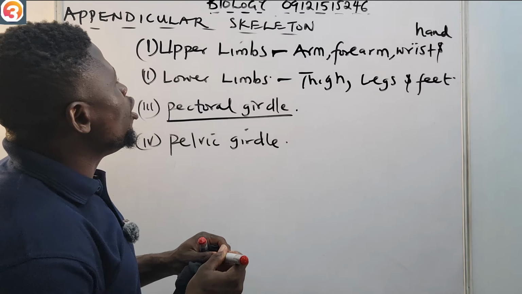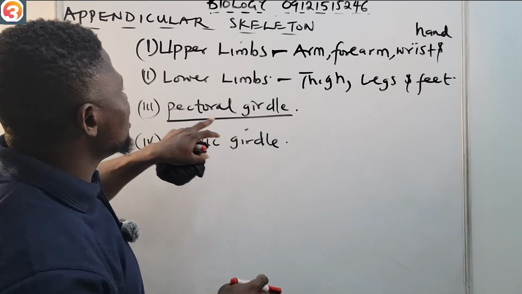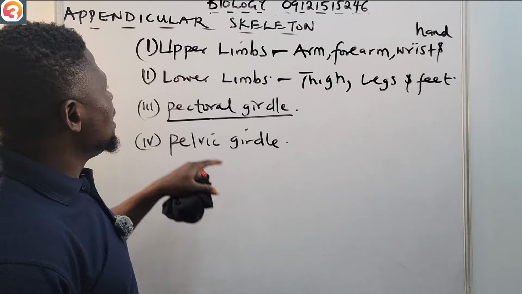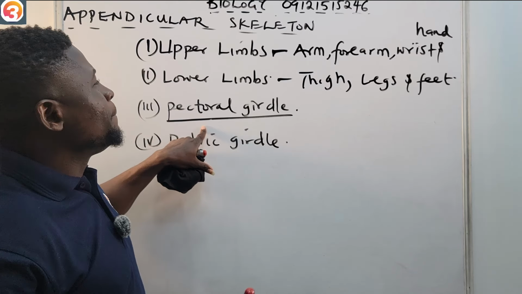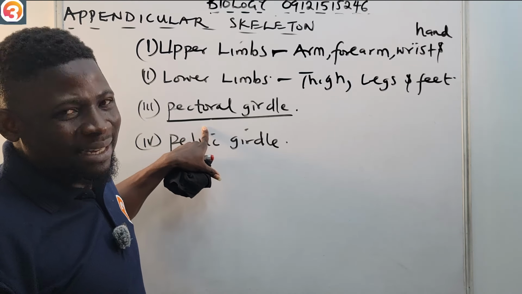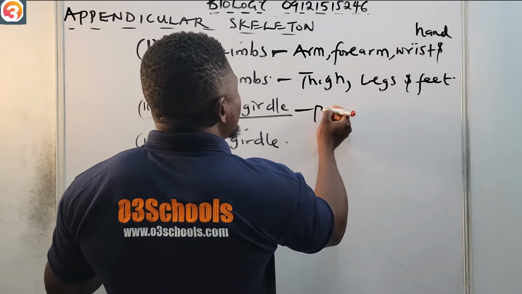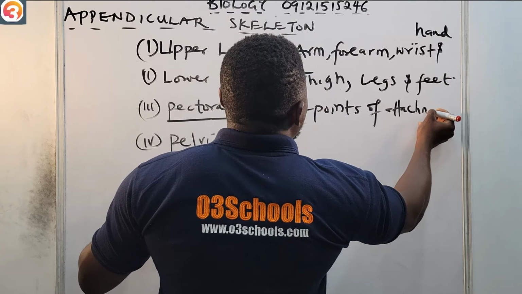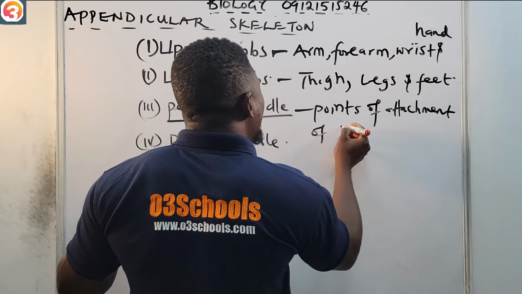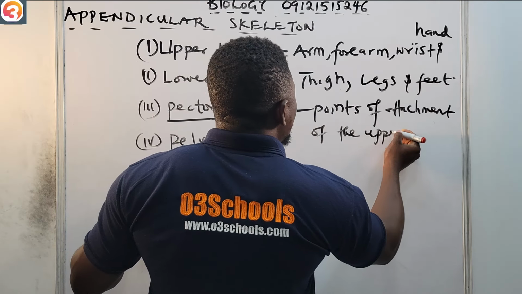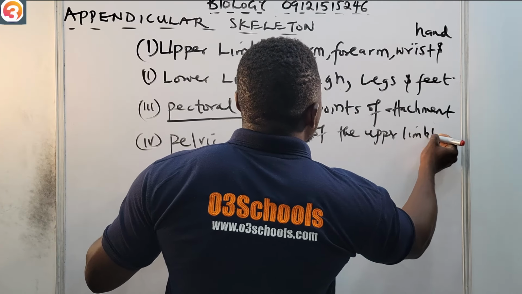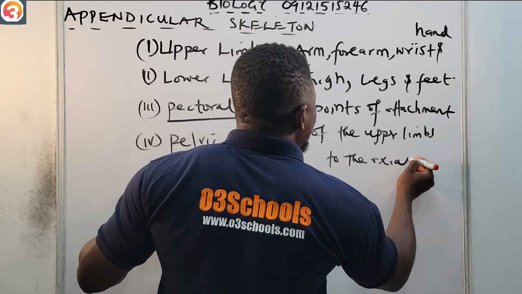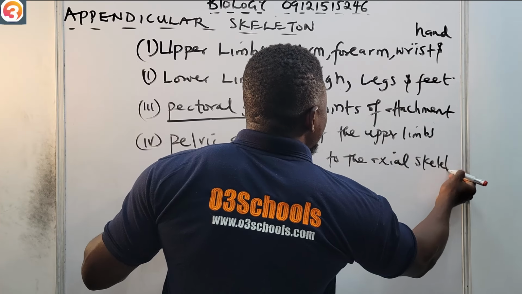Now, what about this pectoral girdle? What is the function, what is the purpose of this pectoral girdle in the appendicular skeleton? The pectoral girdle provides points of attachment of the upper limbs to the axial skeleton.